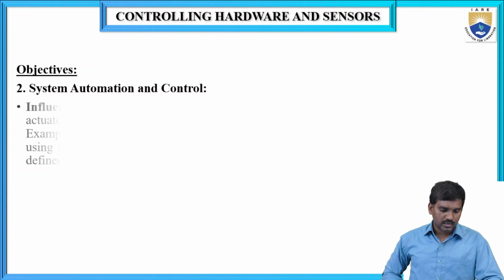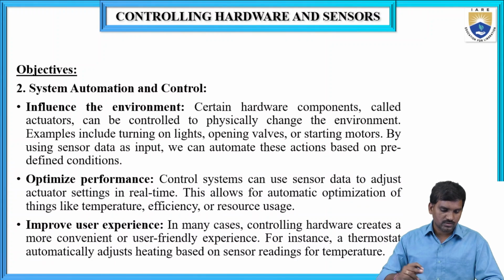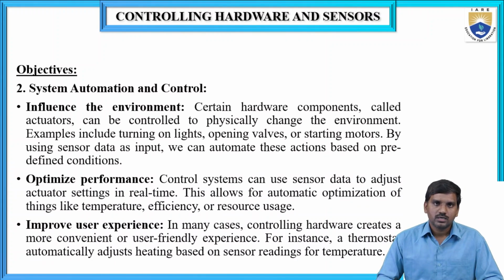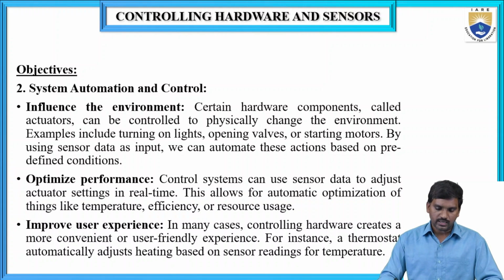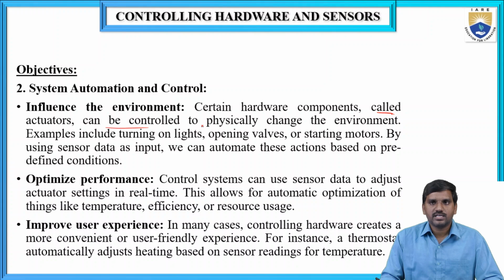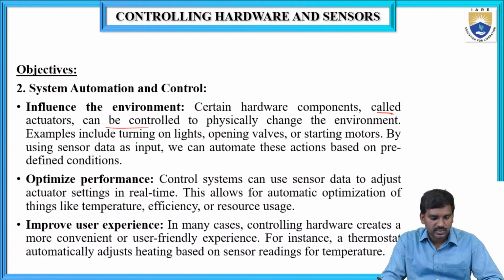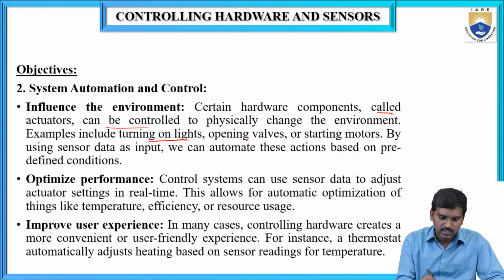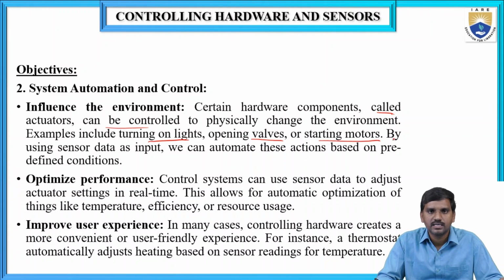Next, under system automation and control: influence the environment. We can collect some input parameters, and certain hardware components called actuators can be controlled to physically change the environment. For example, turning on lights, opening valves, and starting motors by using sensor data as input.